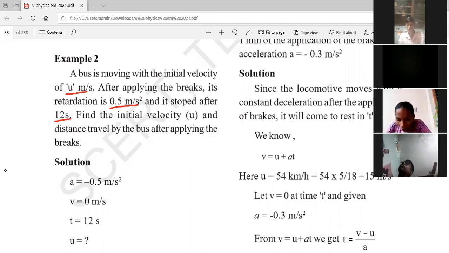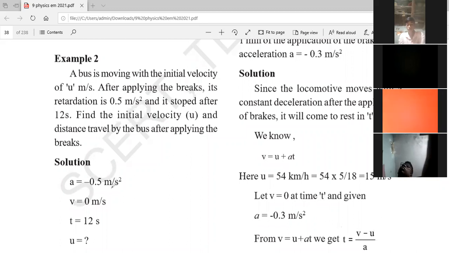So after 12 seconds the bus has completely stopped. We need to find the initial velocity u and the distance traveled by the bus after applying the brakes. The bus does not stop immediately, it will cover some distance after the brakes are applied.